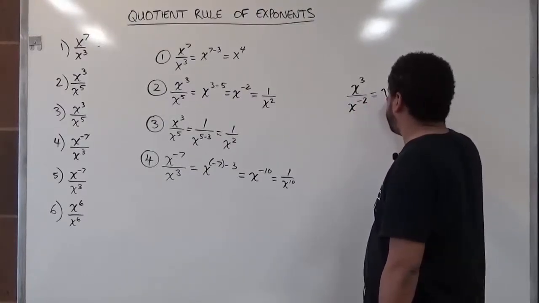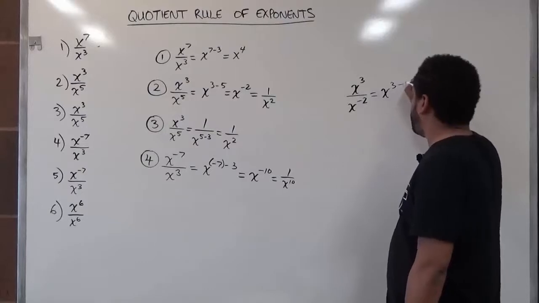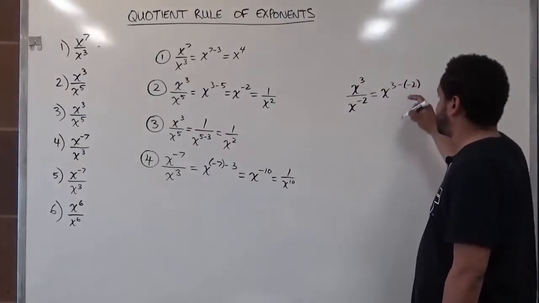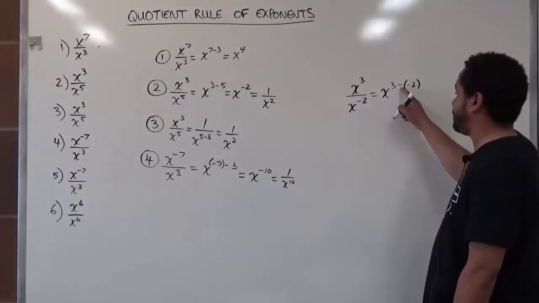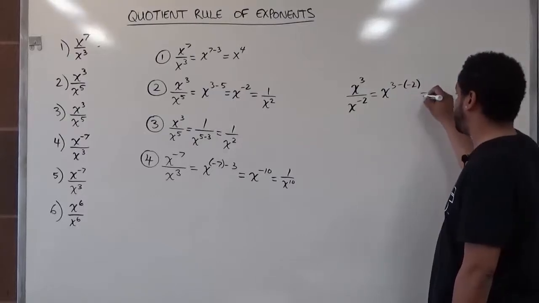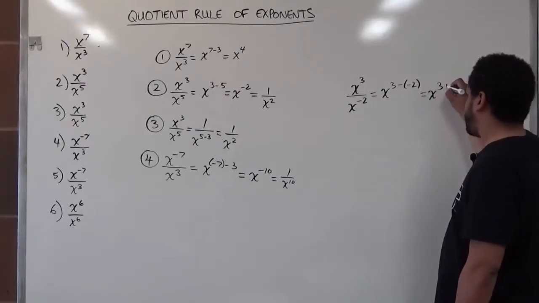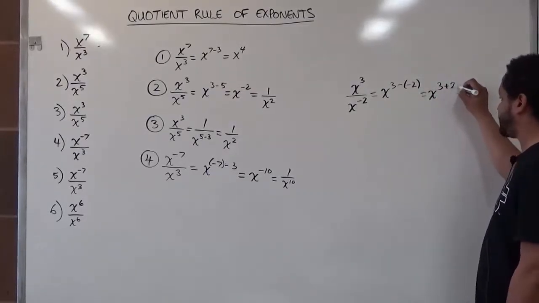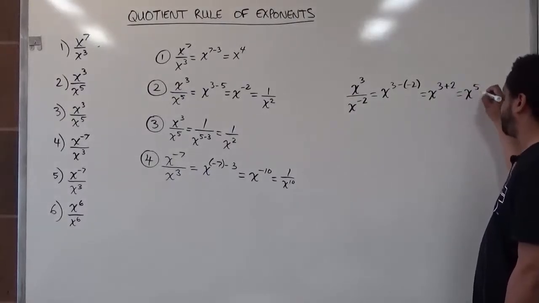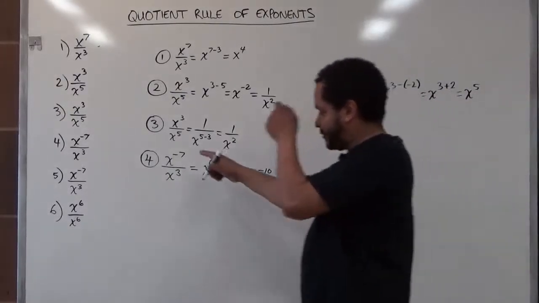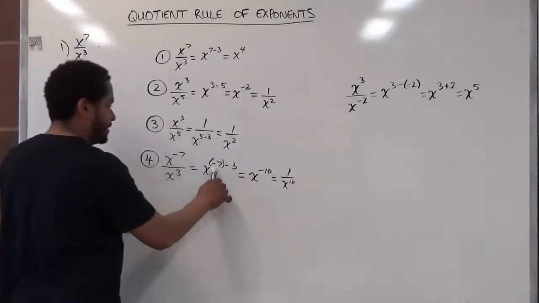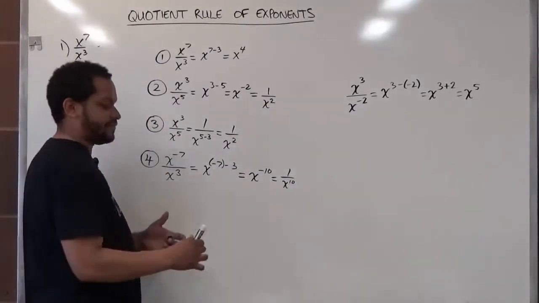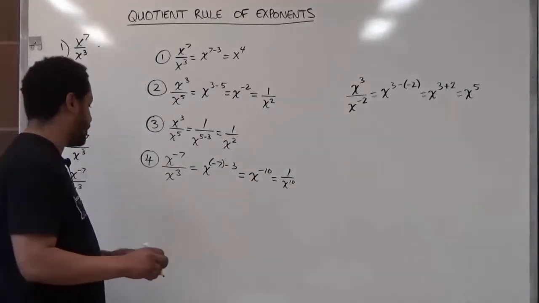When we rewrite this, we put the negative exponents in parentheses, because negative negative changes to a positive. So this in actuality becomes x to the 3rd plus 2, which is x to the 5th. Keep this in mind when you're doing these differences, because putting in these parentheses will save you a lot of trouble.